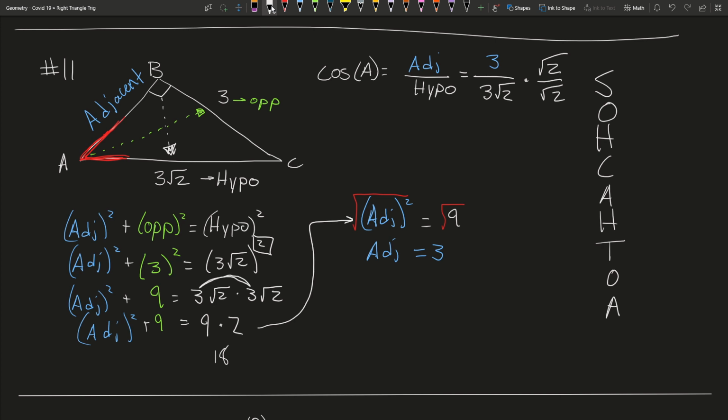And when we do that, we would get 3 rad 2 over 3 rad 2 times rad 2, which just becomes 3 times 2. So we get 3 rad 2 over 6. 3 divided by 6 is 1/2. So we get rad 2 over 2.